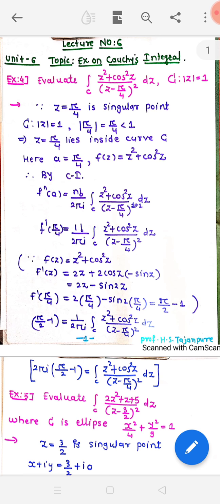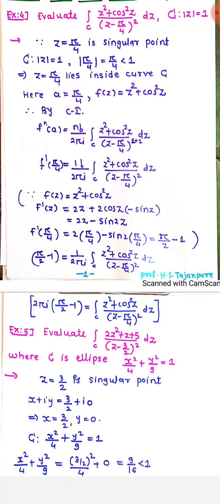Whatever point lies inside the curve C, we denote by a. So here a equals pi by 4 and f of z is equal to z square plus cos square z, means we have to neglect the denominator term.